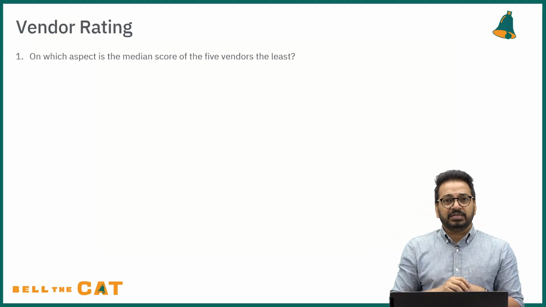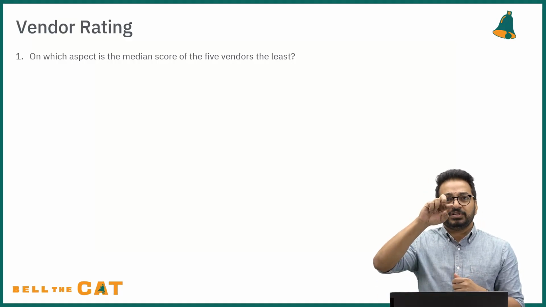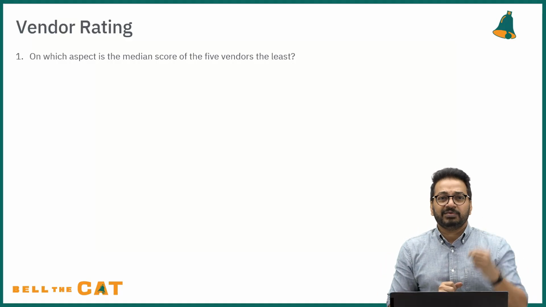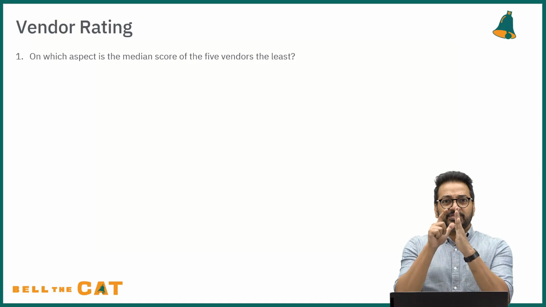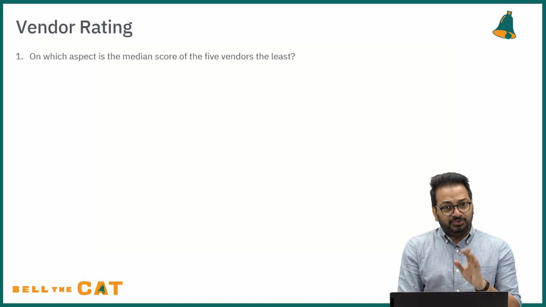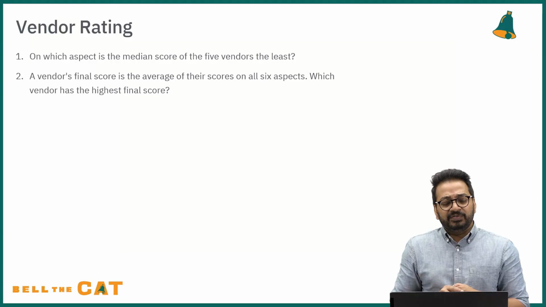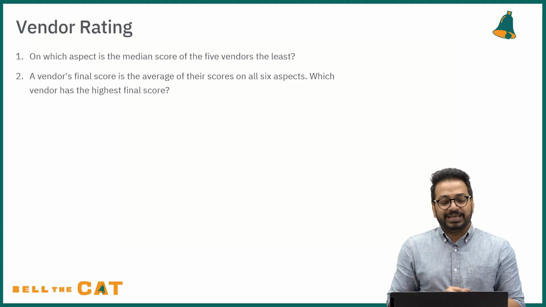So can I know which one is the middle value just by looking at the graph? If I take reliability, and I look at the middle value on each aspect, I can know that purely by observation, no? Do I need to calculate anything? No, because visually, this is third in the list. Next: a vendor's final score is the average of their scores on all 6 aspects.